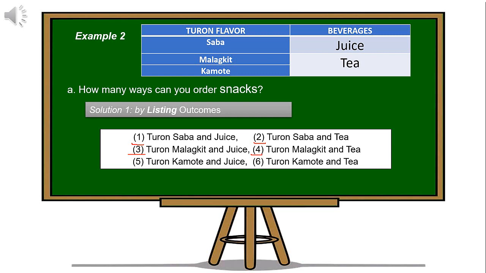Fourth, turon malagkit and tea. Fifth, turon kamote and juice. Or number 6, turon kamote and tea. So the list shows that there are 6 ways to order snacks. Did you understand, children? Okay!